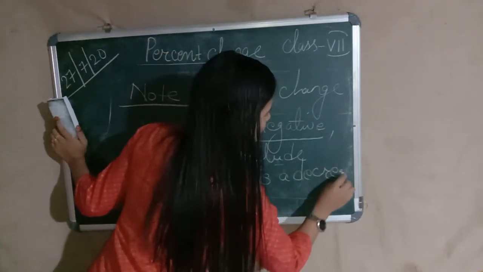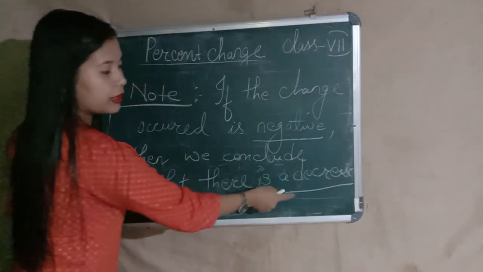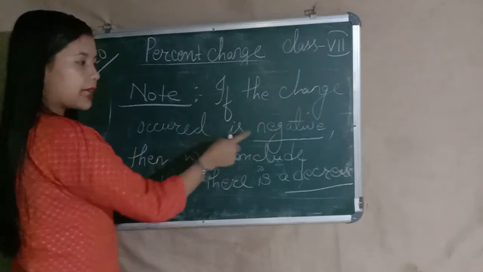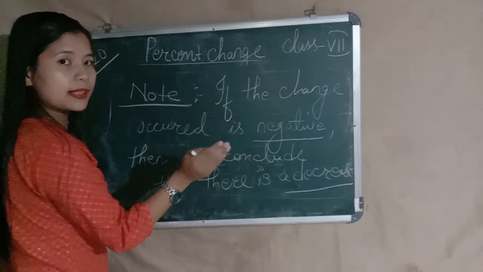So the negative sign symbolizes that there is a decrease. There is nothing more to do with the negative sign. It just says that there is a decrease made. Is that clear?